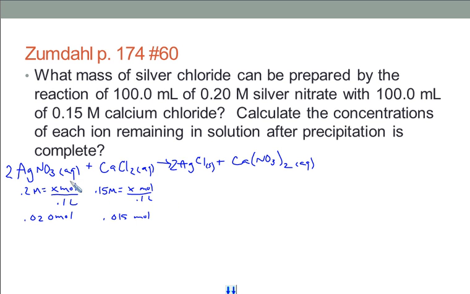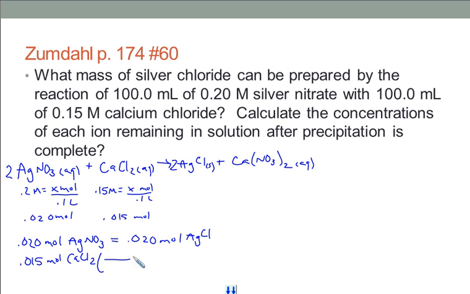So to go through which substance is the limiting reactant, we have to say, okay, if I use all of the silver nitrate up, how much of the silver chloride would I produce? You can see that if you are starting with 0.020 moles of AgNO3, you will get an equal amount, 0.020 moles of silver chloride produced. If you work with the calcium chloride, it's 0.015 moles of the calcium chloride.